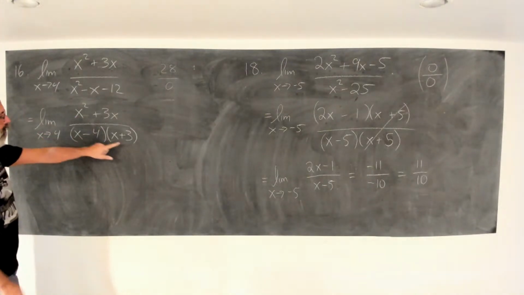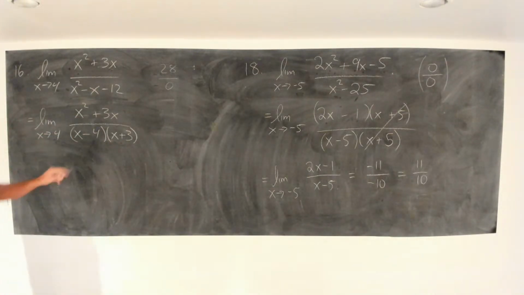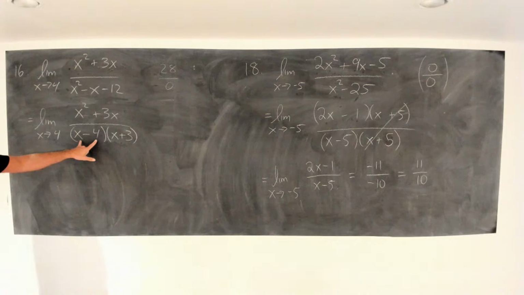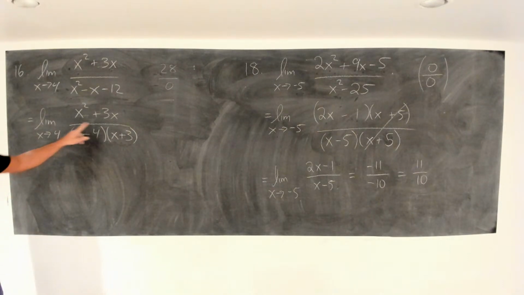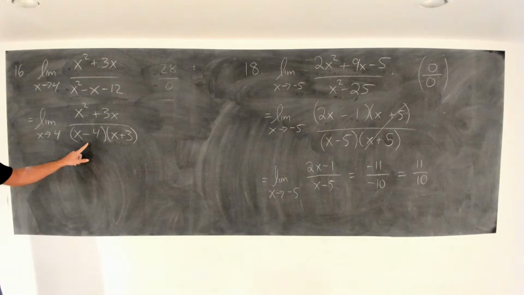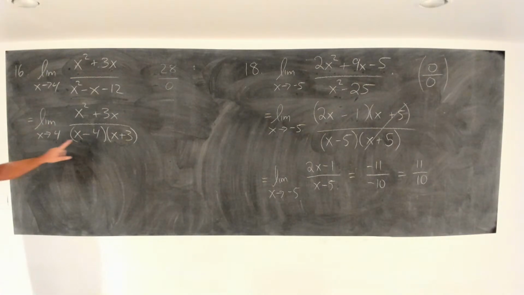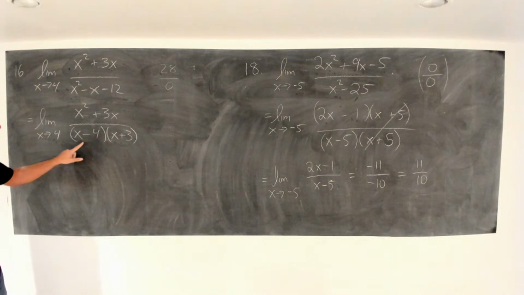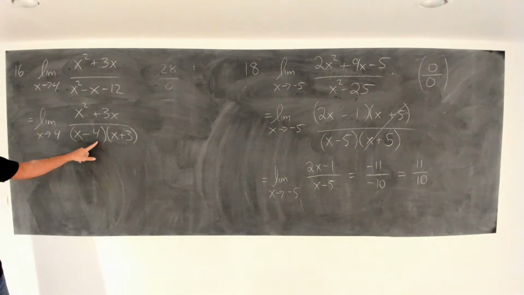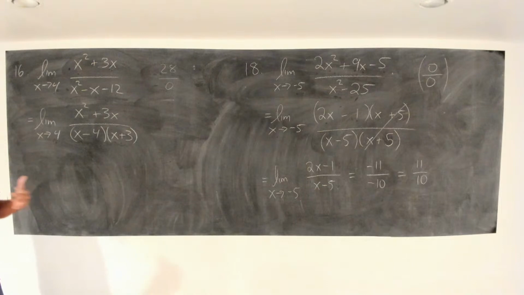So this is positive, that's positive. The sign is going to depend on this x minus 4. And now you see the issue, I believe. If x is close to 4 but just bigger, this is going to be positive. Whereas if x is close to 4 but just less, then this is going to be negative. So it takes on both values.